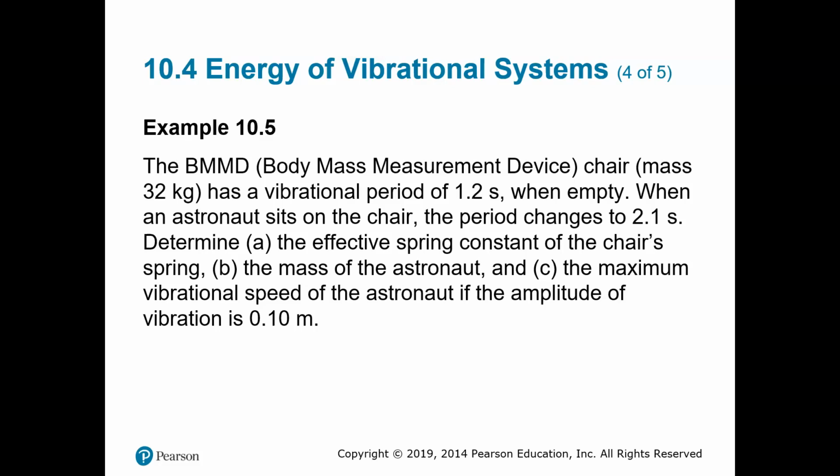We're going to put an astronaut in that chair, and we are going to let it go. So the period is going to change to 2.1 seconds. We want to determine the effective spring constant of that chair's spring, and the mass of the astronaut, as well as the maximum vibrational speed if we give it an amplitude of 10 centimeters.